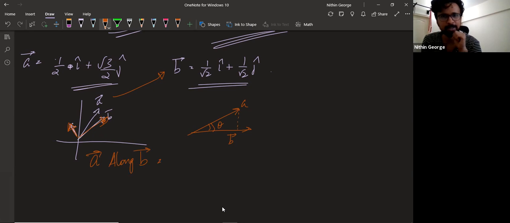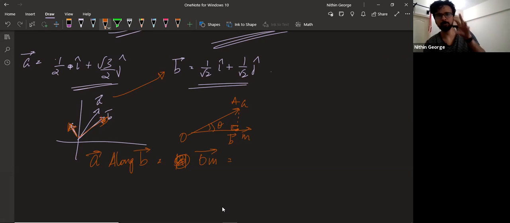I will draw a perpendicular here. I'll name the points O, M, and A. So A along B is basically the OM vector, where this point is M. How can I write it?